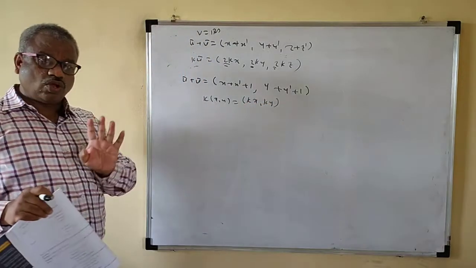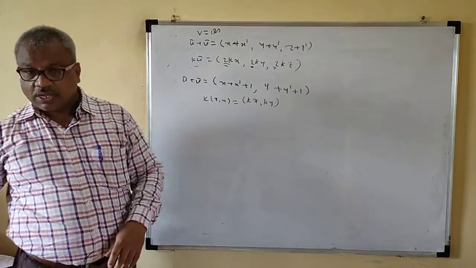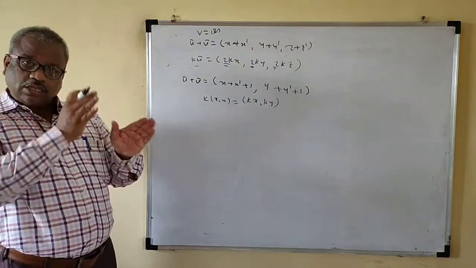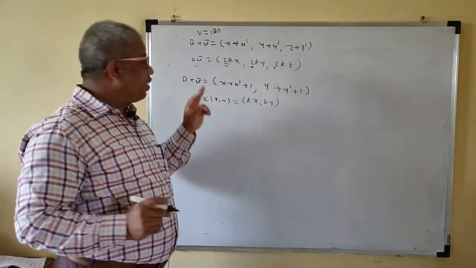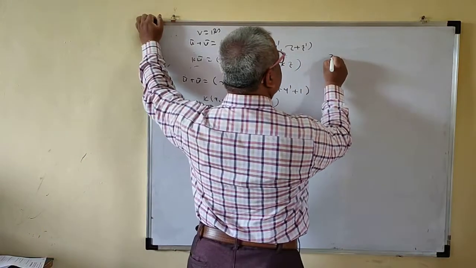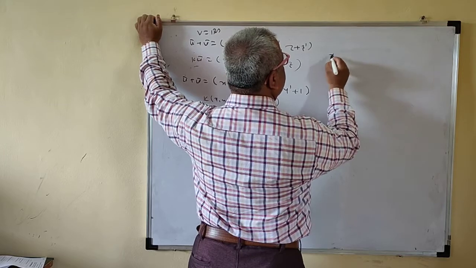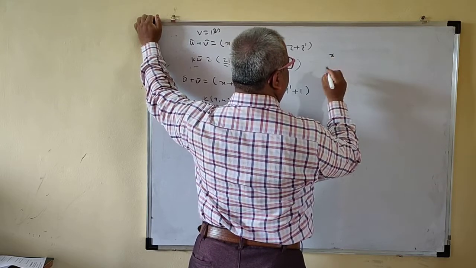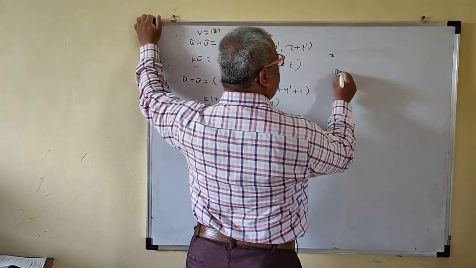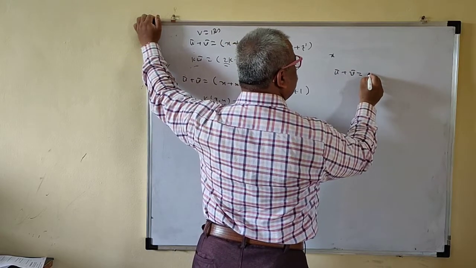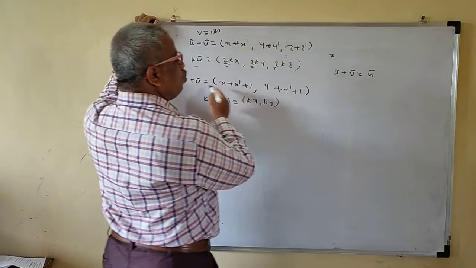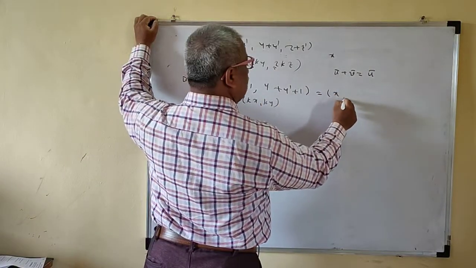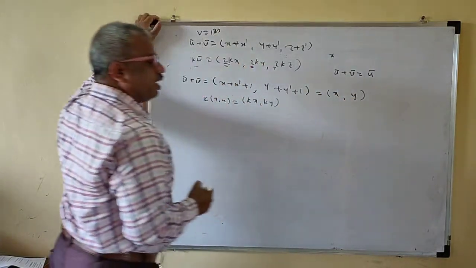Now see here, addition is not usual, but all the axioms of the addition, the first 6 axioms, hold. So what is the negative vector? To find a negative vector, you first want to find the 0 vector. So ū plus v̄ is equal to ū, you want (x, y).